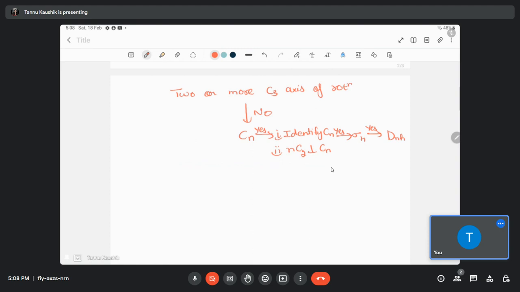Okay, and if sigma h is not present, then we will check sigma d, dihedral planes. If dihedral planes are present, then it will be Dnd point group, and it will have n sigma d planes in it.